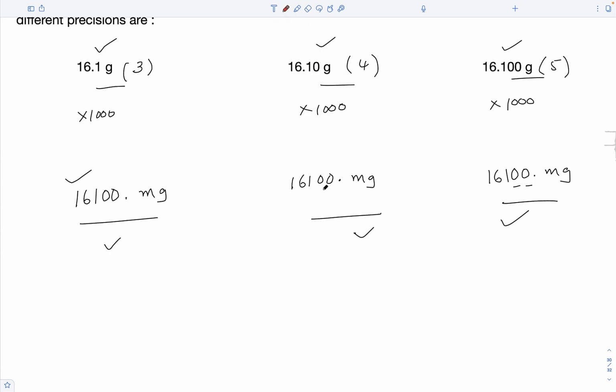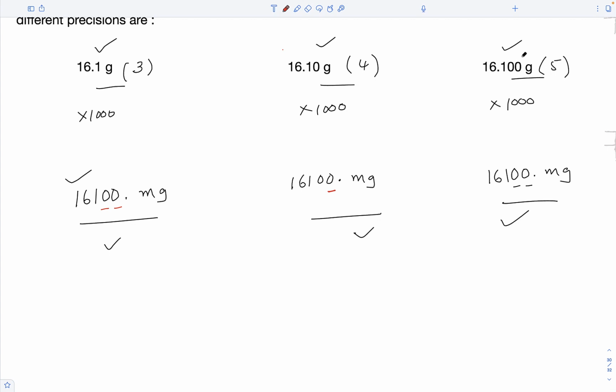So out of these two zeros, 1 zero came out of the measurement process and 1 zero is a placeholder zero. Whereas in this case, both these zeros are added during this conversion process so that we can place the decimal point in the right location.